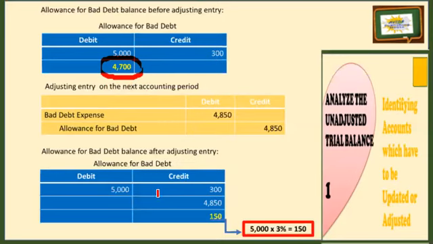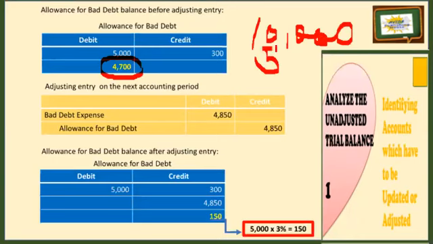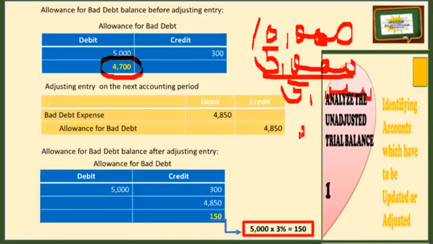So the remaining balance will be 5,000 because the original amount was 10,000. Then uncollectible from Dr. Gibalda is 5,000. So you will get the allowance again as 3% of the remaining receivable, which is 5,000. So this should be 150 at the end.